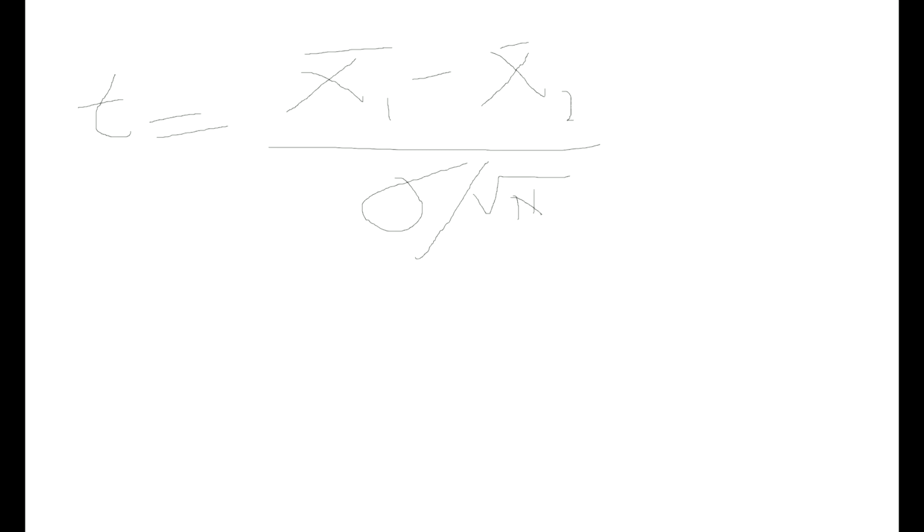Since this is just a division, if the numerator is a big one and the denominator is a small one, you have a big number. But if you have a big standard error and a small mean difference, I mean the means are very close to each other, you have a very small t, which means chances are the differences are not significant.